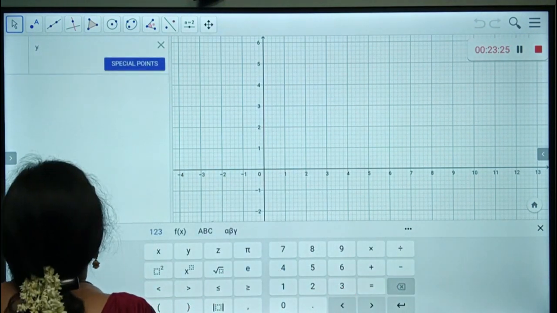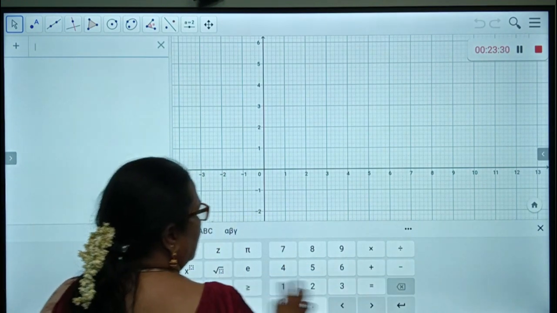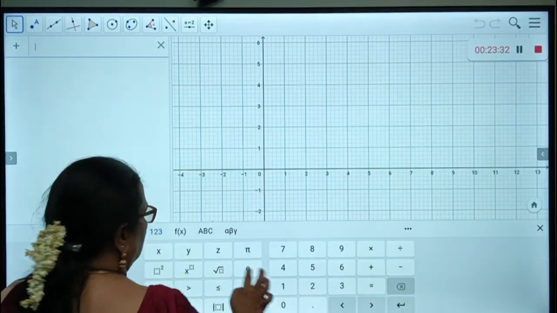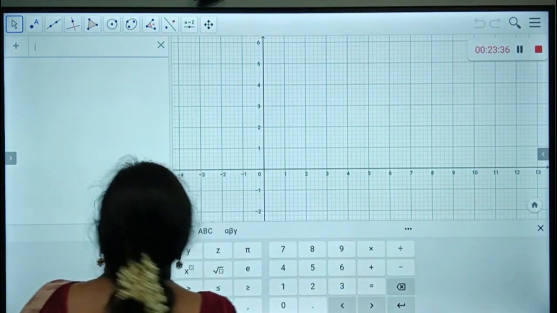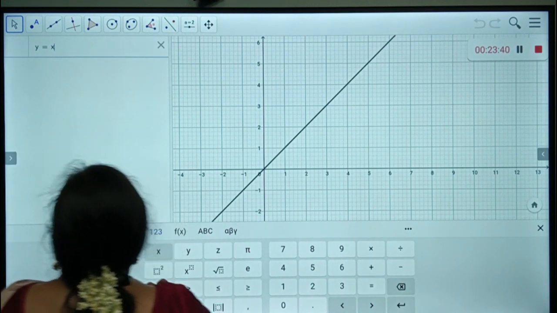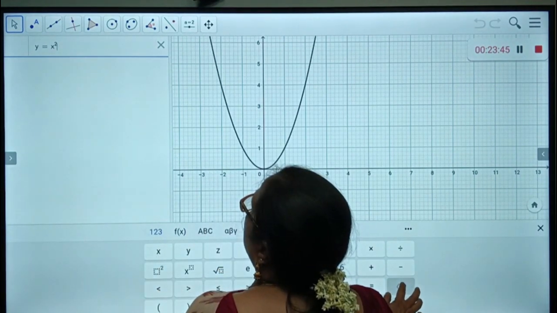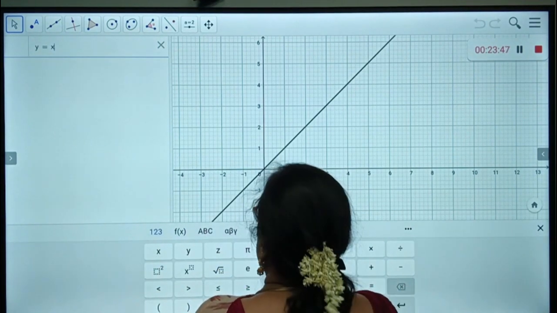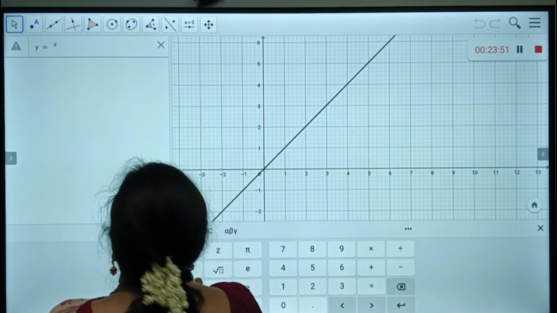Let me look at y equal to, let me rewrite again, y equal to x cube. Y equal to x.